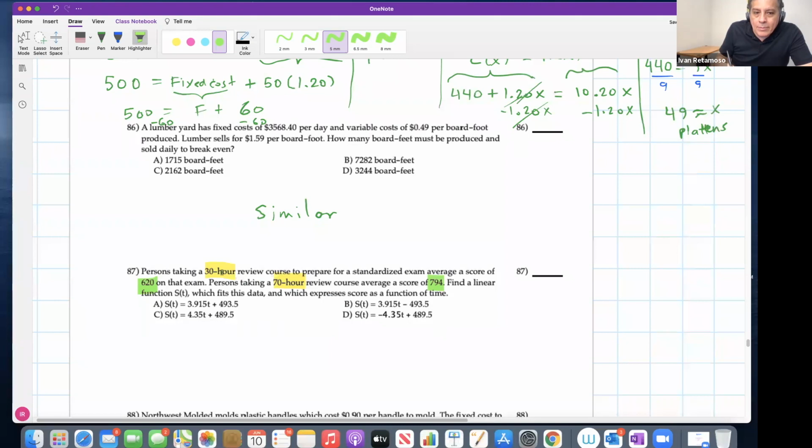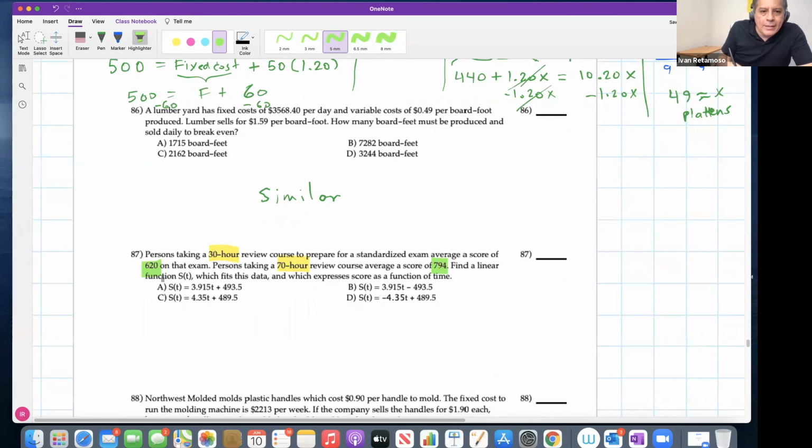So look, input 30, output 620. Input 70, output 794. So basically, you just have to find the equation of the line going through these 2 points, right? 30 goes with 620, and 70 goes with 794, right? Yes, you can do that.